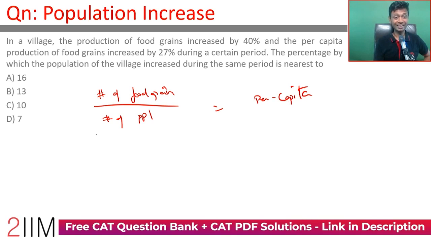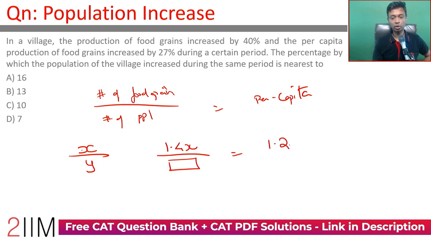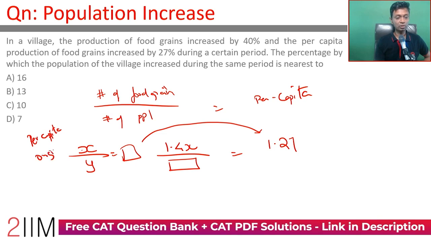And so this increases. Let's say this per capita number was x by y. Originally, it has become 1.4x by something which happens to be 1.27 times of this number. Per capita original is this.